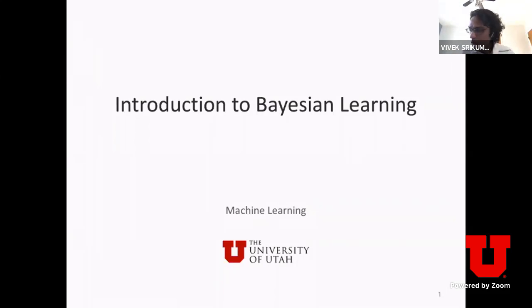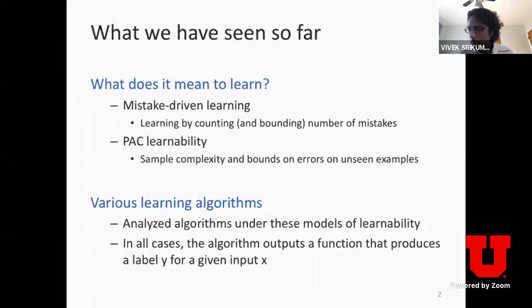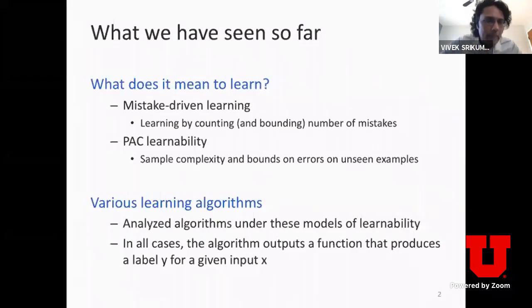So we've already seen what it means. What does learning mean? This is just a checkpoint of where we are. We've asked this question multiple times. What does it mean to learn? We can answer this question using the mistake bound model, where learning is when a classifier stops making mistakes.